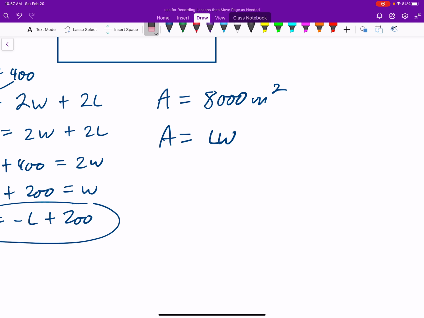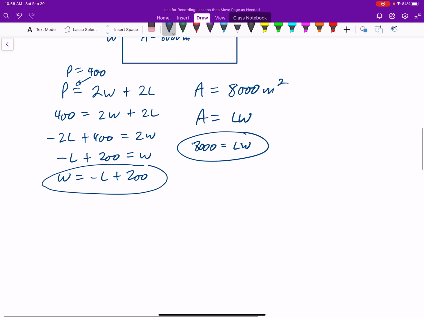Anyway, I'll put the 8,000 in for A, and so I got A equals L times W. That is another equation. So this is my system of equations, and we know that we can solve a system of equations, any kind of system, if we got two equations with two unknowns.